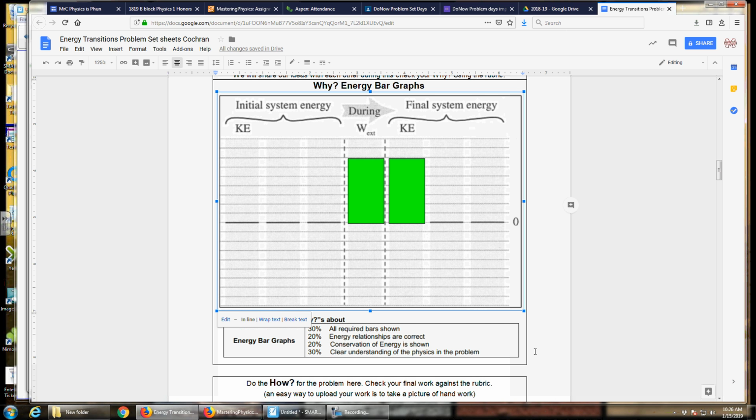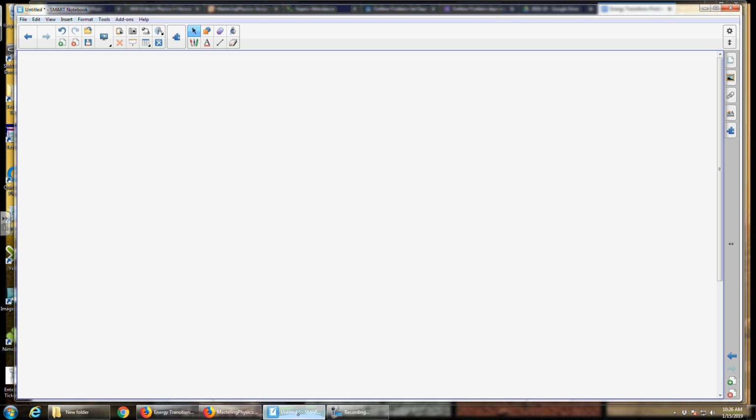Does that agree with what you had? So, for my equation sheet, I grab the equation for kinetic energy.